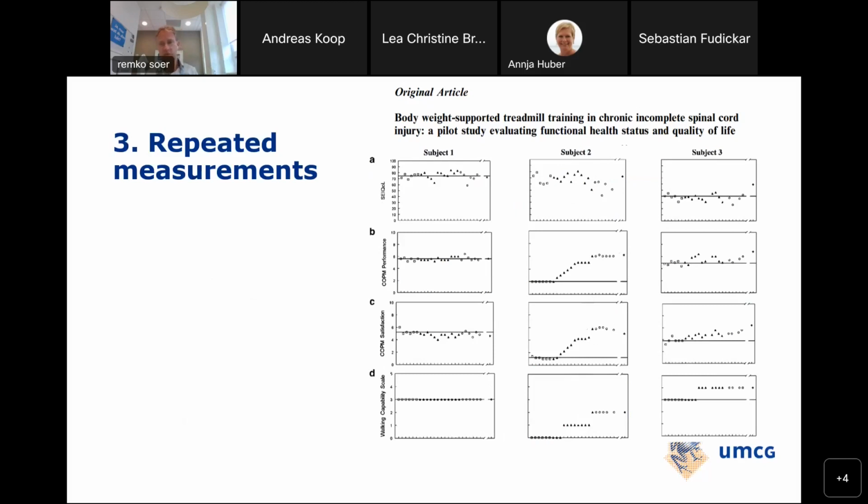It might also work for people who are less anxious compared to others. For example, subject 1 might be a bit afraid to walk on the treadmill, so he would not be satisfied. Or he might have been very old and didn't want to walk anyway. Or it doesn't work for that group.